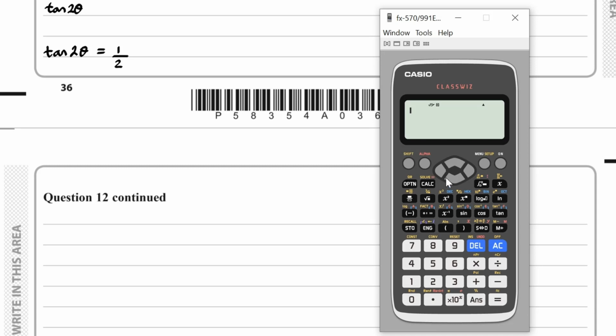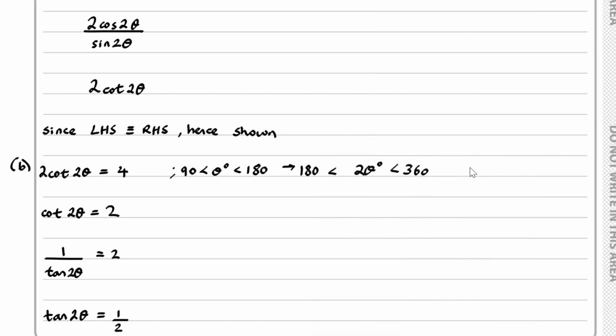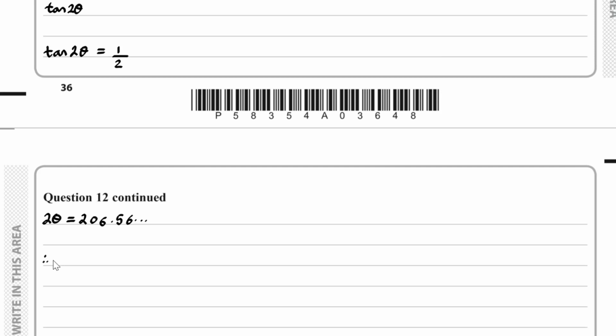We have 2 theta equal to the inverse tan of 1/2. We need to add on 180 to get this in the required range. So we have 206.56, etc. Let's add on another 180. That's above our required new range. So therefore theta, that's half of this, is equal to 103.3 degrees to 1 decimal place.